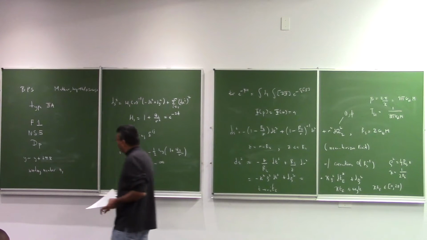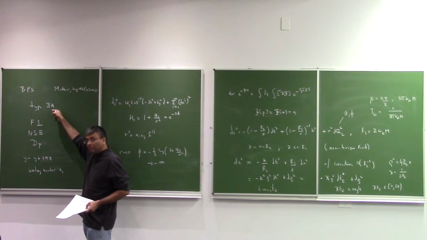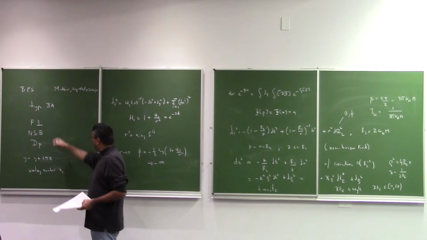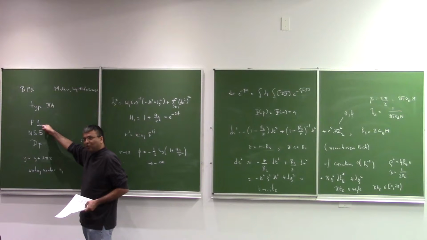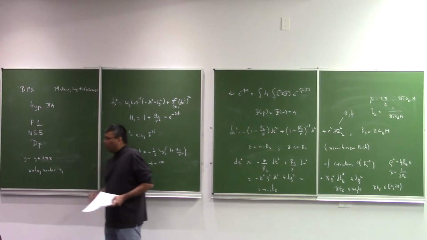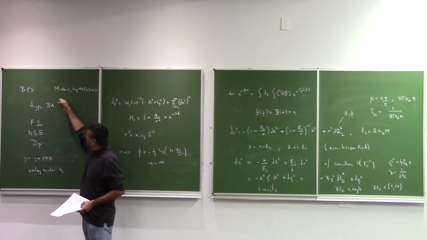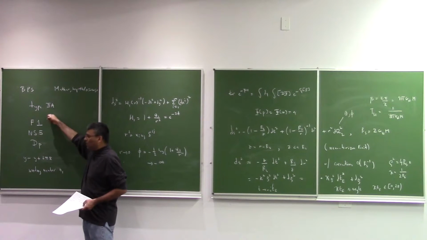So the type 2a we can think of as a limit of M theory. And in M theory, this F1 string is an M2 brane. This M2 brane wraps this y direction, but it also wraps another circle, the R10 circle, associated to the limit in which type 2a obtains from M theory.